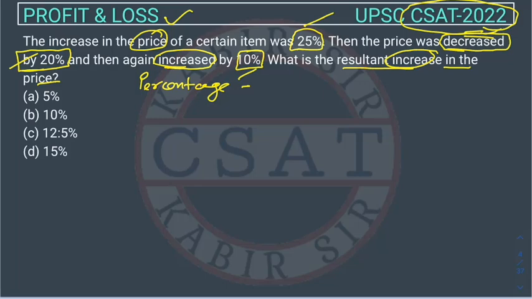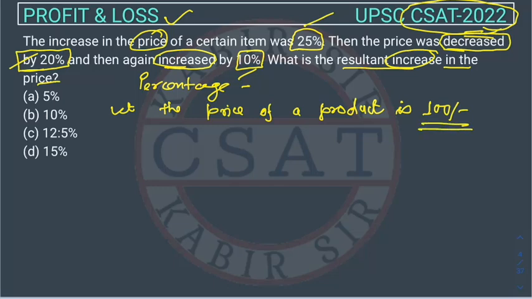So in percentage, if you remember, in most of the questions we assume let the price of product is 100, right? Why do we consider normally 100? Why not something else? You have to write the answer in the comment, right?